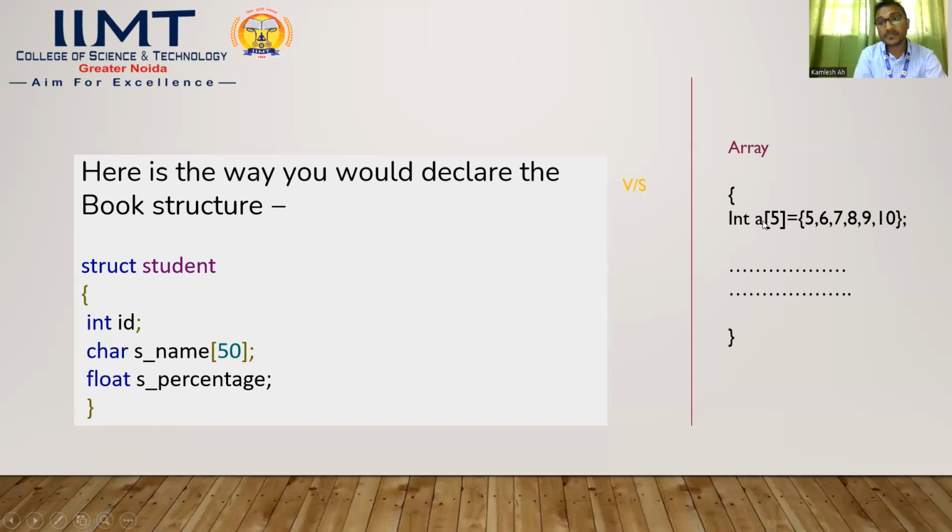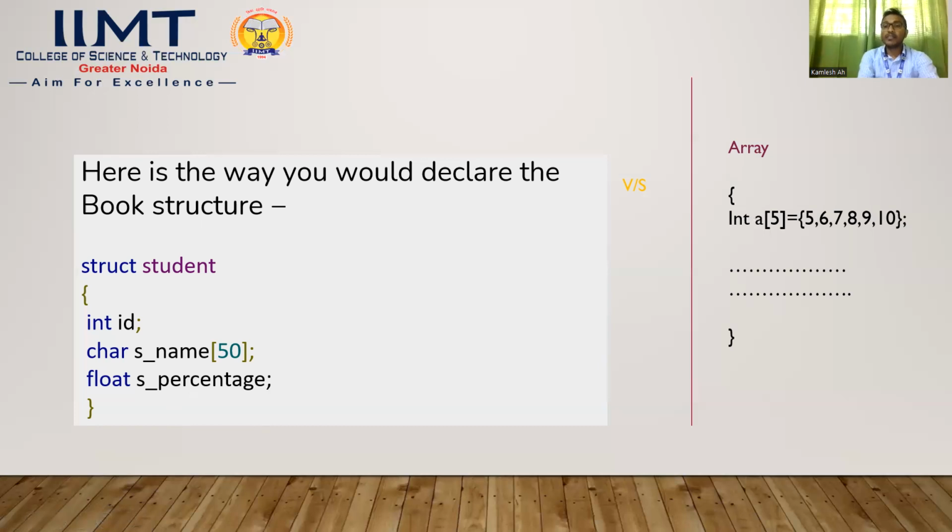It means the A array contains only integer type of values. But a structure contains different types of data items. ID is an integer type, name is a character type, percentage is a float type. So structures hold different types of data items, but arrays contain only similar data items.